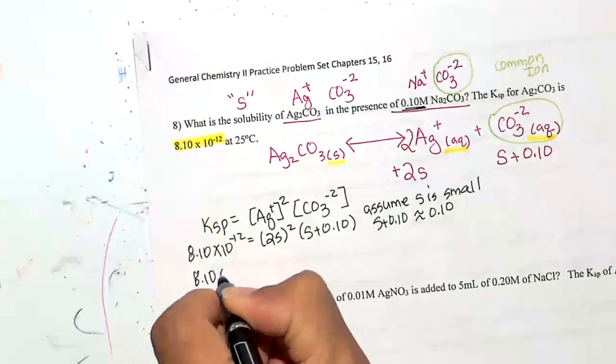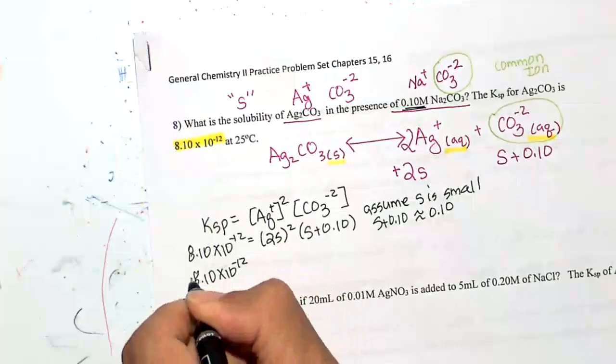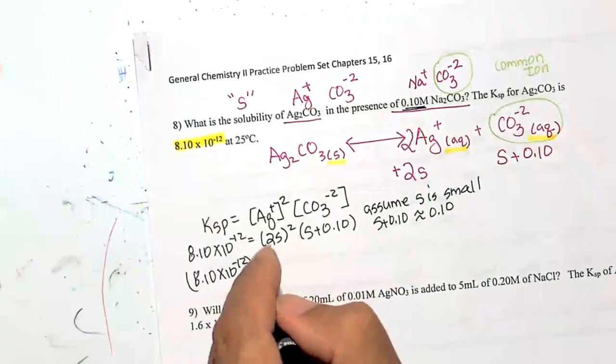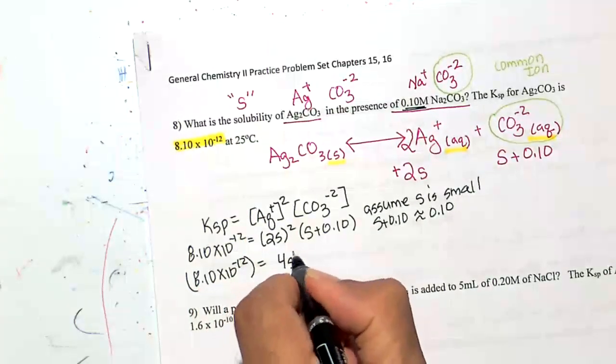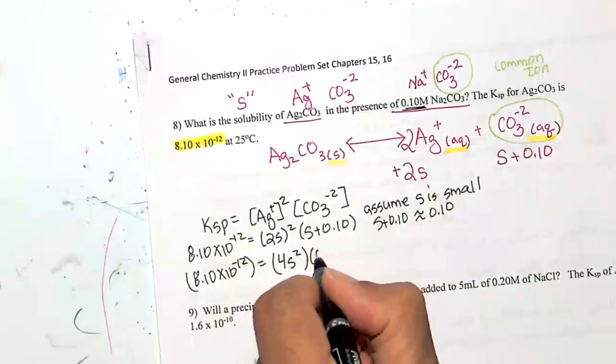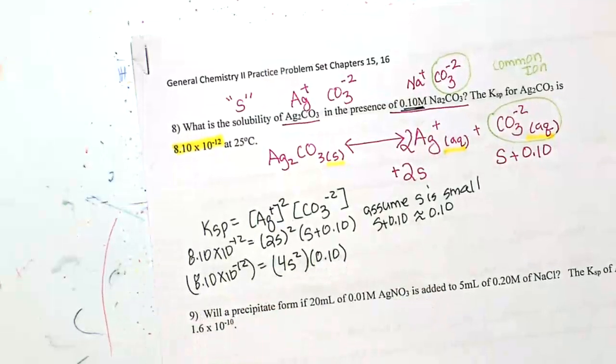All right, so when we simplify, this becomes 8.10 times 10 to the minus 12. 2s whole squared is 4s squared times 0.10.